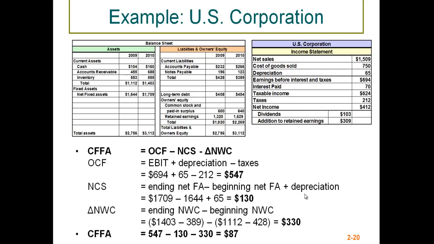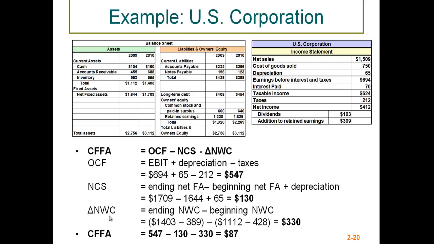So we can go over here to the balance sheet, and we can see that they ended in 2010 with $1,709 of fixed assets. They had $1,644 in 2009, so we subtract that, and then we add back in the $65 in depreciation. So that tells us how much we spent on capital or fixed assets.